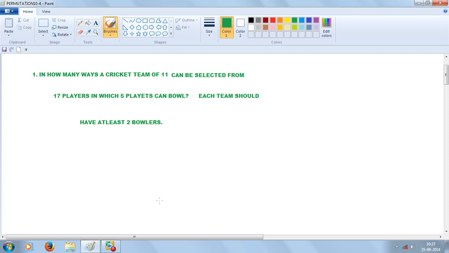So we will deal with the bowlers portion first. Out of 5 bowlers, 2 are to be selected at least. So 5C2.